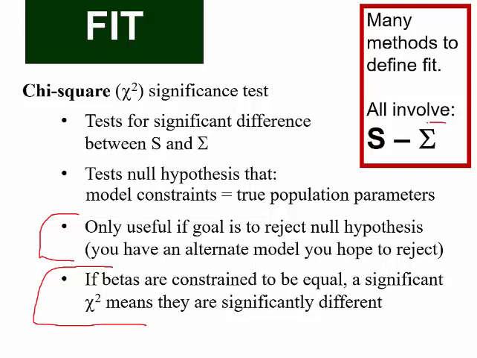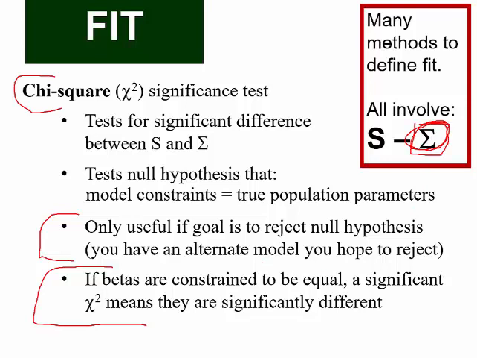The sigma is going to be reconstructed based on my constraints, where I'm constraining my betas to be equal to each other. And if I calculate a chi-square and get a significant result, it means I should reject that null hypothesis. That is, I should reject my model that constrains the betas to be equal to each other.